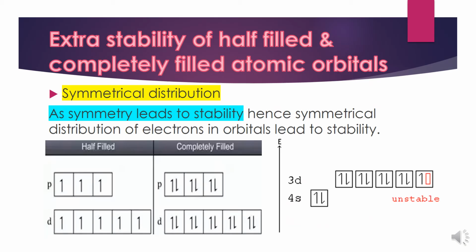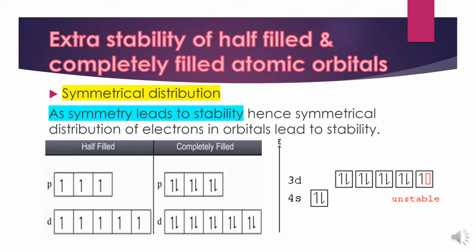Now it's very important to understand the reason for the extra stability of exactly half-filled and completely filled atomic orbitals, as we have seen in chromium and copper. These two elements among these 10 elements have an exceptional configuration from Aufbau's principle.